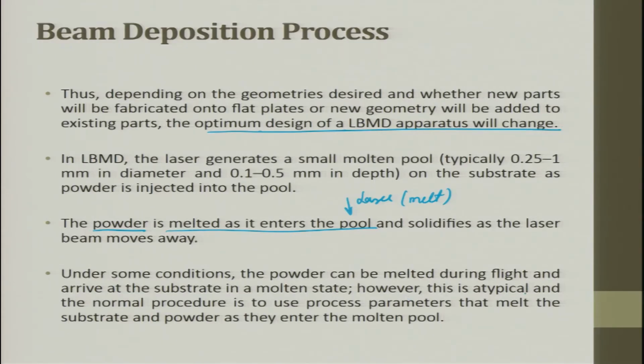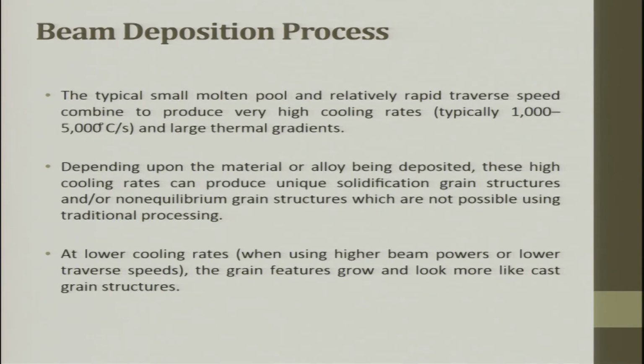However, a normal procedure is to use process parameters that melt the substrate and powder as they enter the melt pool. A typical small molten pool and relatively rapid traverse speed combine to produce very high cooling rates and large thermal gradients. So, gradients are created.